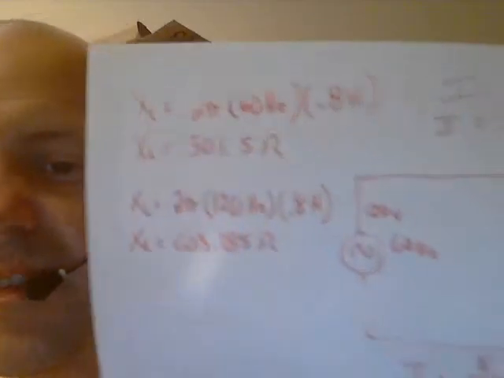Now, let's go back to the other diagram that I had. And this time, I'm not going to increase the inductance value. In other words, I'm not going to wrap any more turns in my coil.